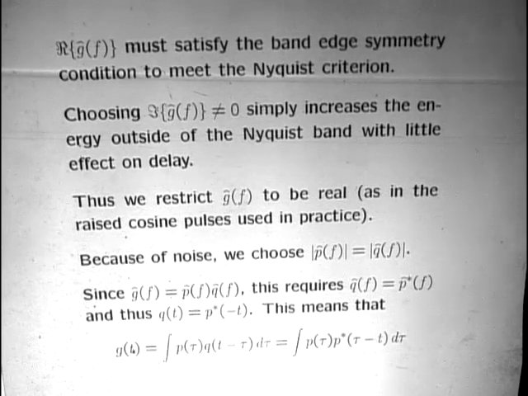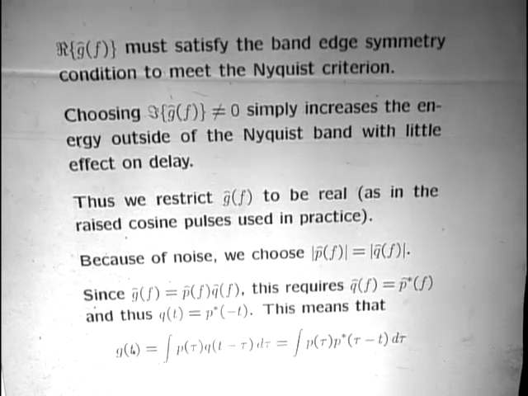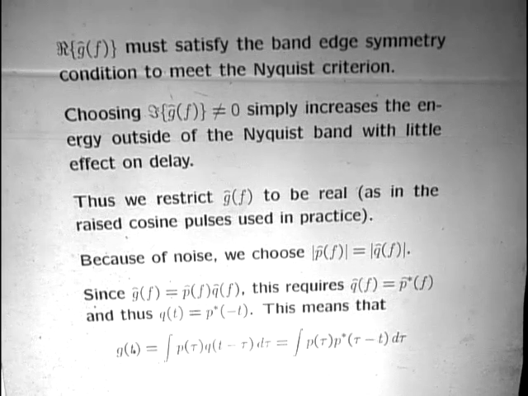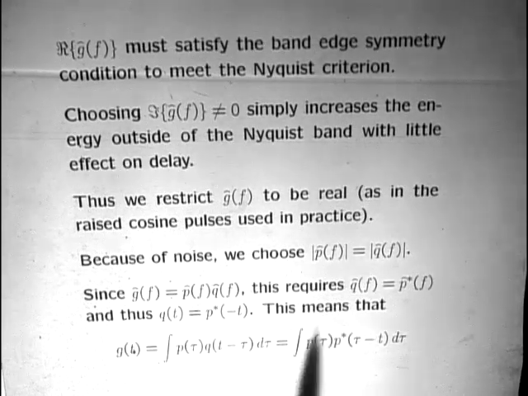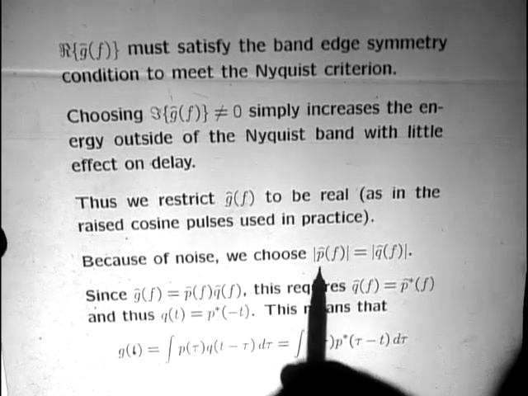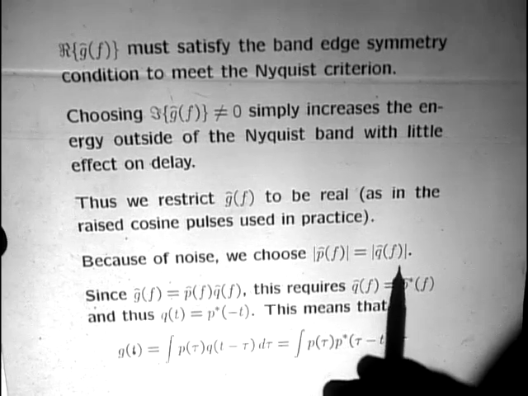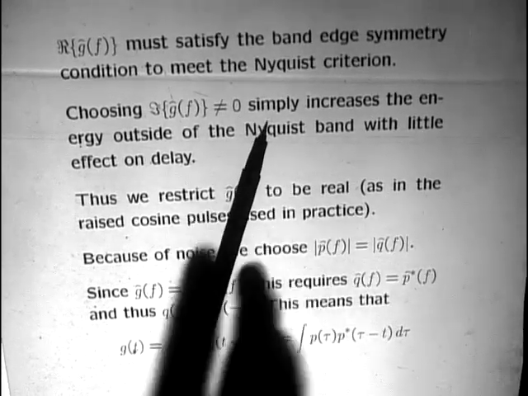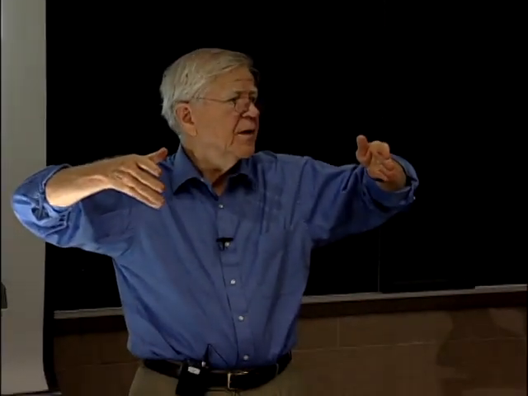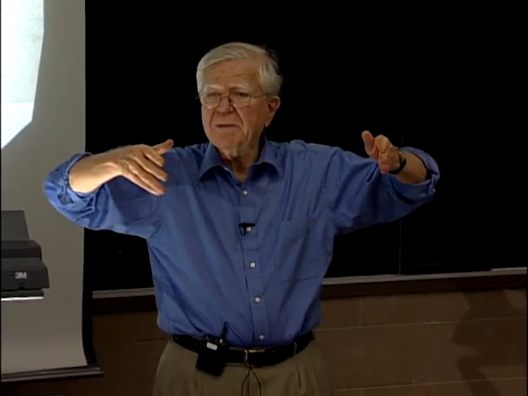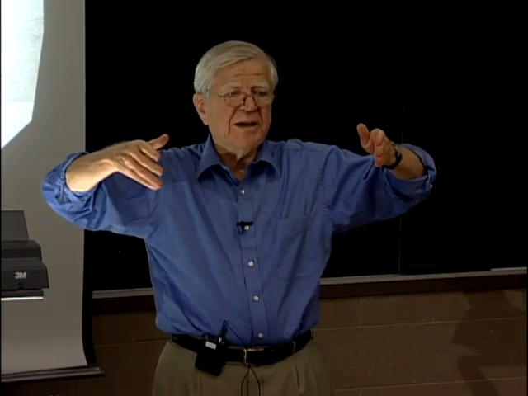Now, when we start to look at noise, we're going to find out something else. We're going to find out that we want to make the magnitude of p of f equal to the magnitude of g of f. We want the frequency characteristic of p of f to be the same as the frequency characteristic of q of f. In other words, there's no point to sending a p of f which is a perfect sinc function, and then using a very sloppy q of f, because that's kind of silly.